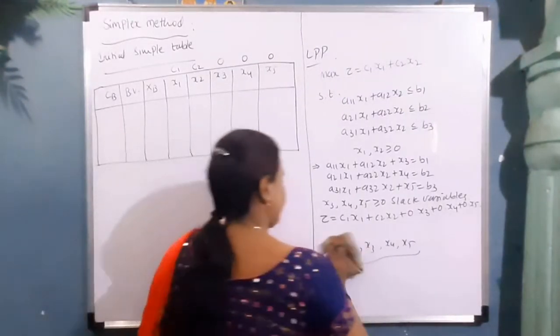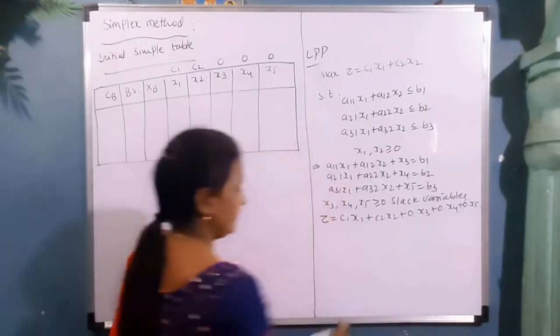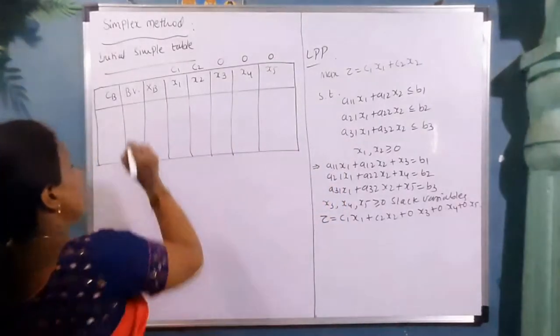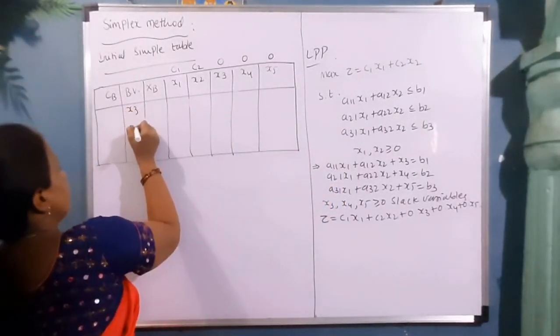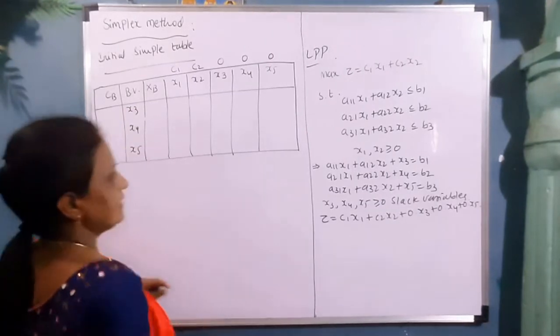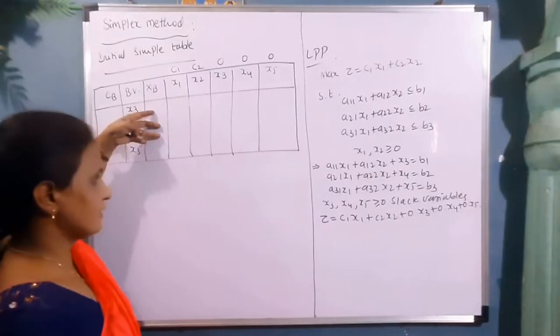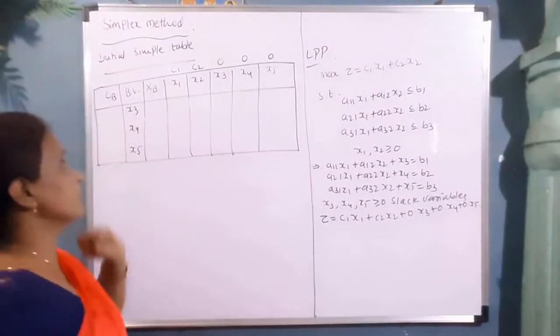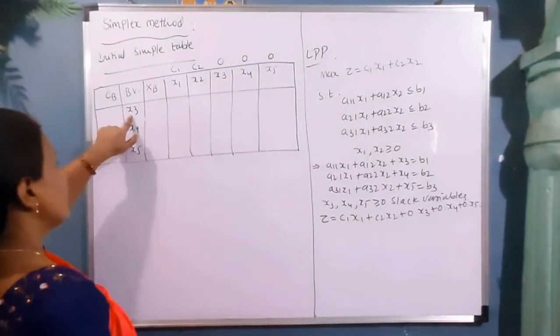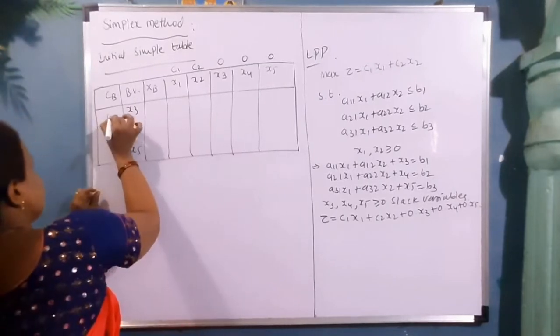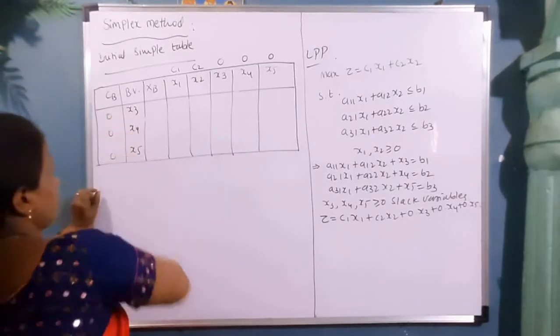Here we take x3, x4, x5. If we have 3 equations, we get 3 rows; 2 equations means 2 rows. The coefficients of x3, x4, x5 are 0, 0, 0.